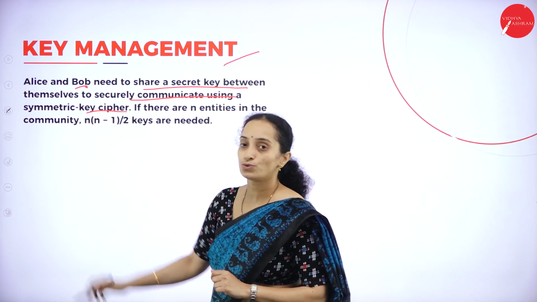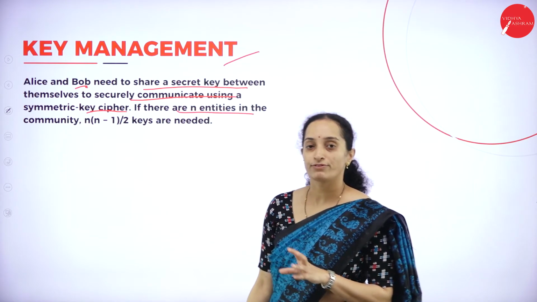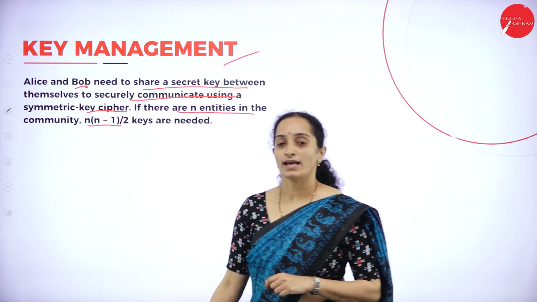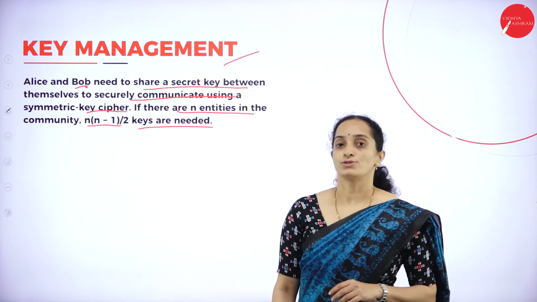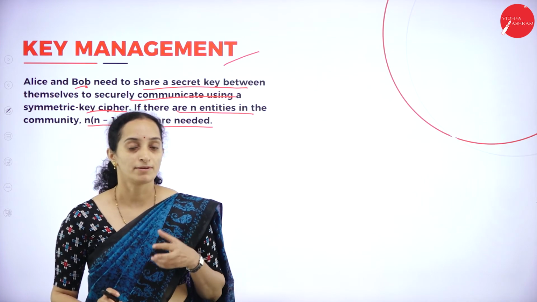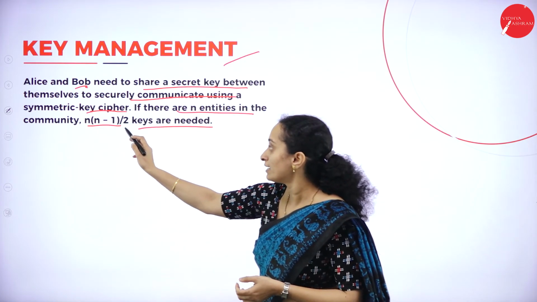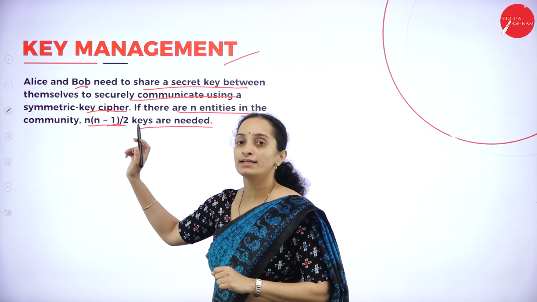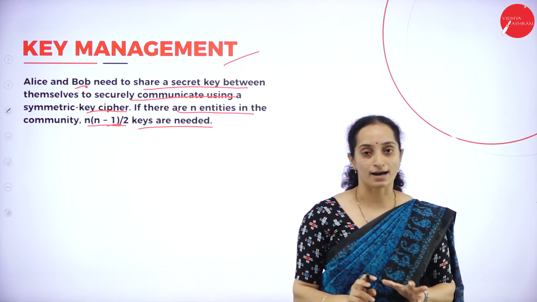If there are n entities in the community, n into (n minus 1) by 2 keys are needed to make it stronger, so that cryptanalysis will be difficult for the set of keys.